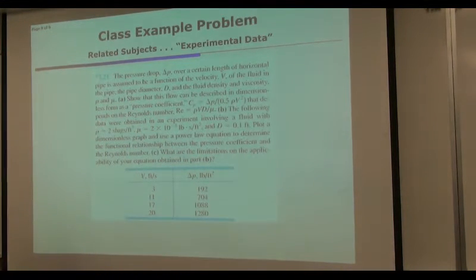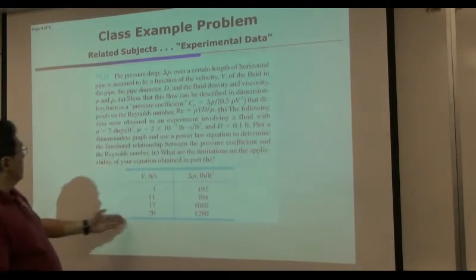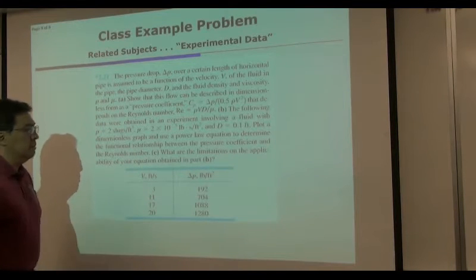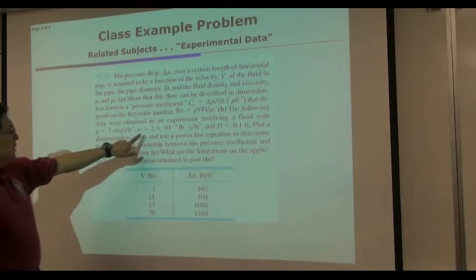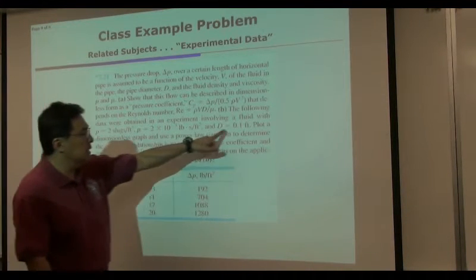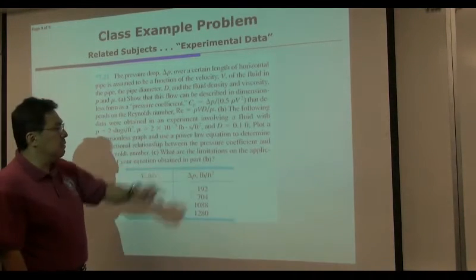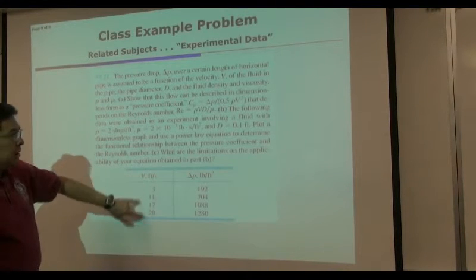Okay? And part B, the following data were obtained in an experiment involving a fluid with this fixed density and viscosity and fixed diameter. So if you fix density, viscosity, diameter, you measure delta P based on the variable of velocity in the pipe.